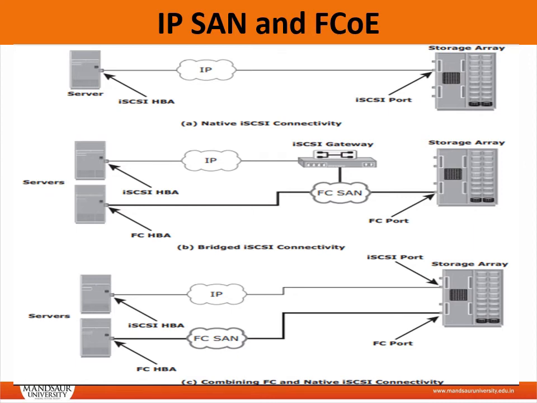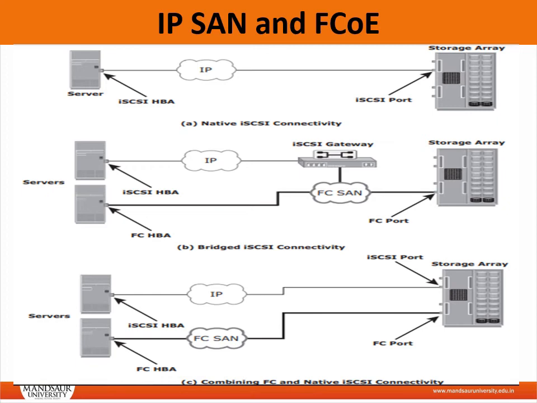Then the bridged iSCSI connectivity. The bridged iSCSI implementation includes an FC component in its configuration. So it is iSCSI host connectivity to the FC storage array. In this case, the array does not have any iSCSI port, and therefore an external device, called the gateway, or you can say the multi-protocol router, must be used to facilitate the communication between the iSCSI host and the FC storage.